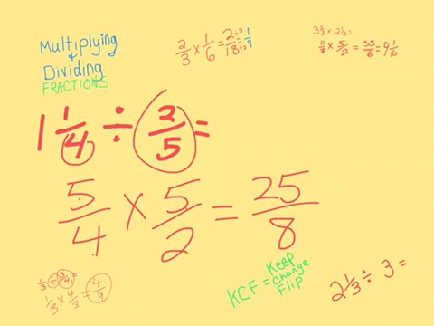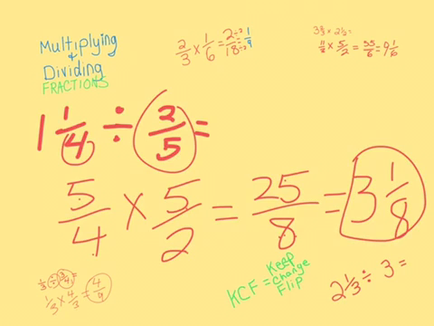Now I have to change it back to a mixed number. 8 goes into 25. 8 times 2 is 16. 8 times 3 is 24. So that gets us as close as we can get. Since it's 25, we have 1 left over, and we put that over this denominator. So our answer is 3 1/8.